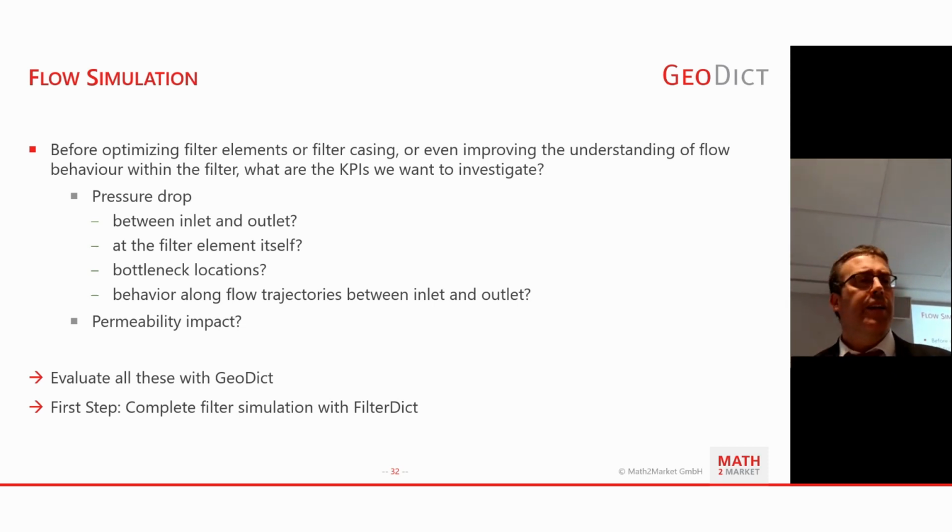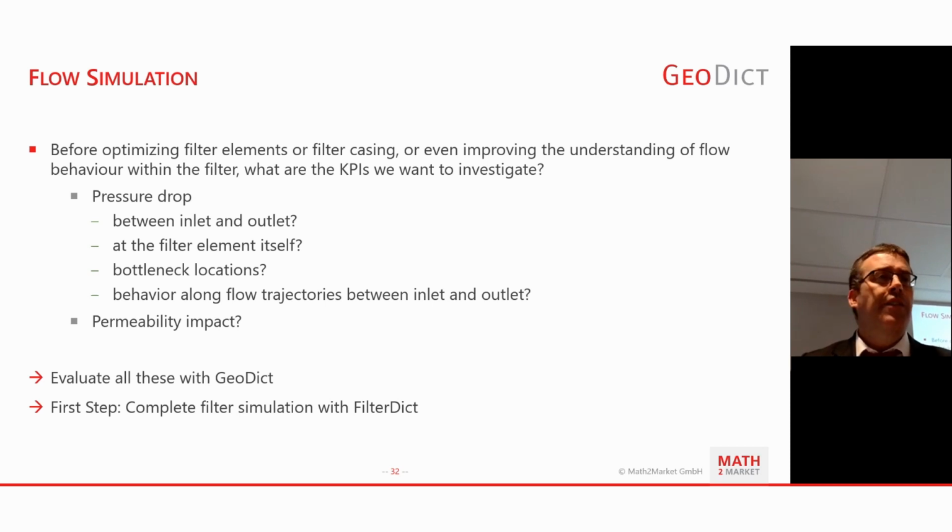Between the inlet and the outlet, or at the filter element itself? Or maybe the difference between the inlet-outlet pressure drop and the pressure drop at the filter element itself. Is there some sort of bottleneck location where the major part of the pressure drop is lost?